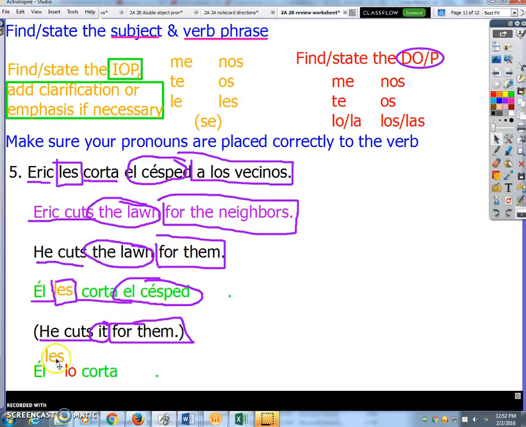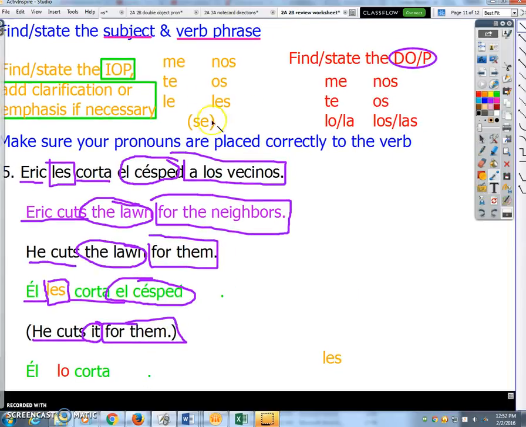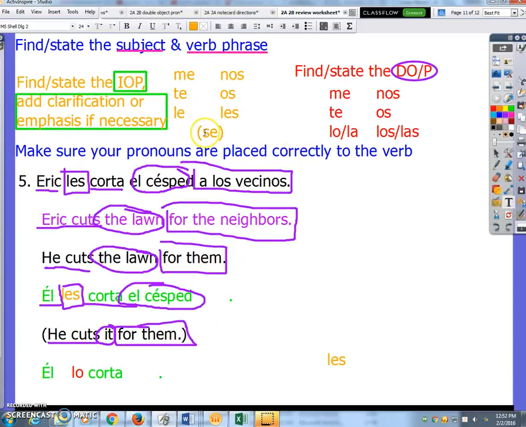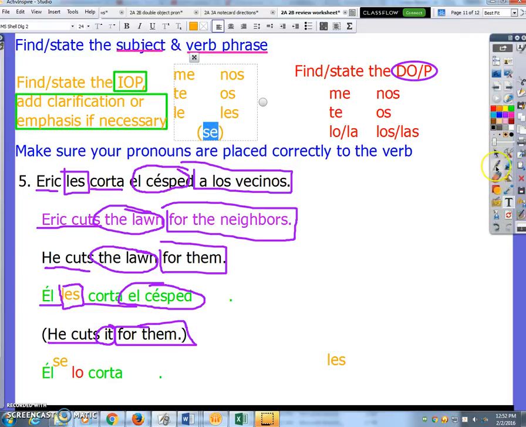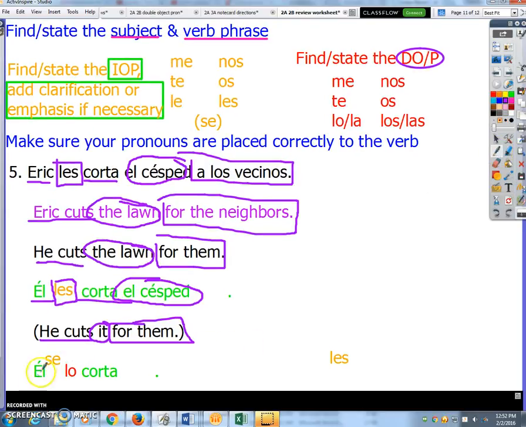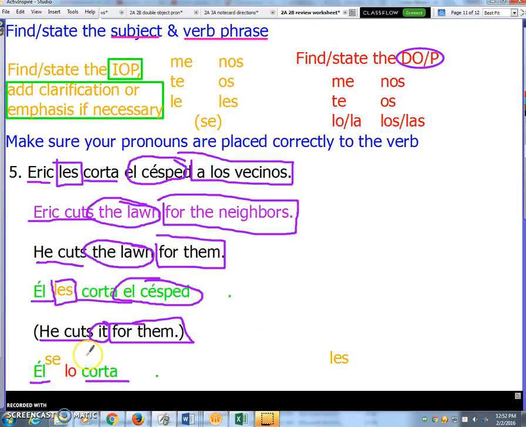I'm going to have to move that out of the way, and I'm going to instead say lo as all separate words. So he cuts it, referring to el césped, for them. And if I wanted to really badly add the clarification a ellos, I could.